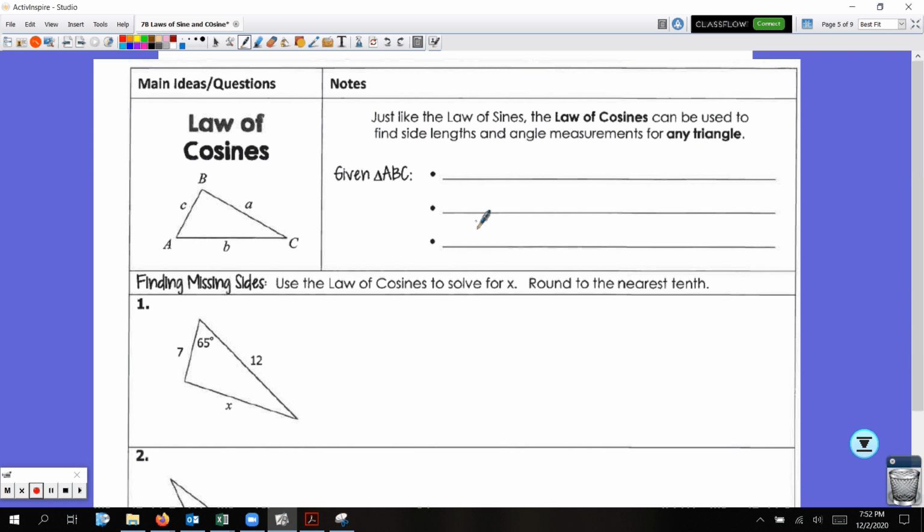So I'm going to show you the old generic formula that mathematicians like to use a lot. It sometimes overwhelms people, but sometimes people love to see it.